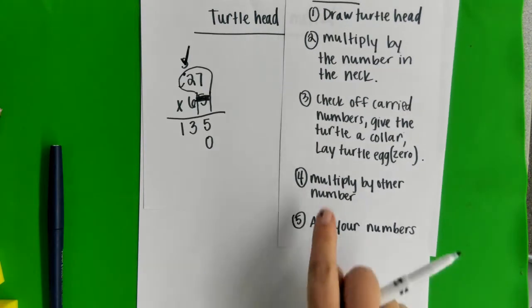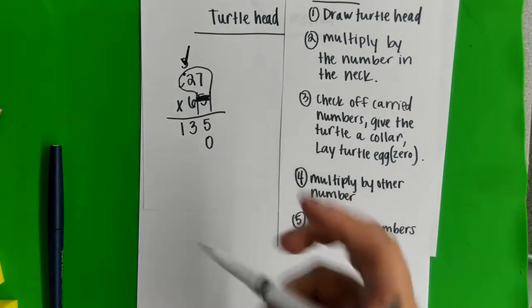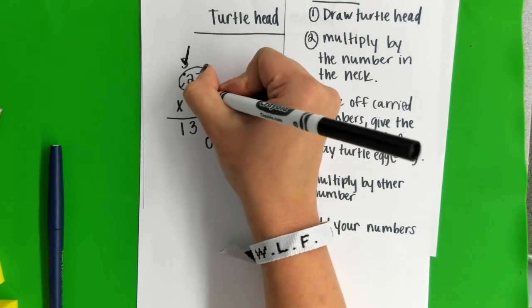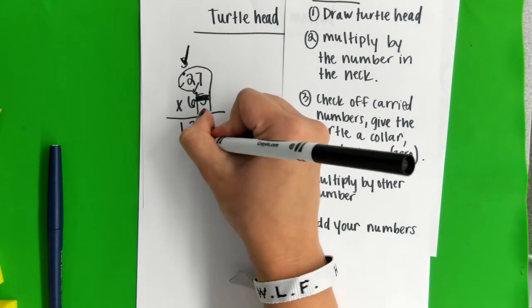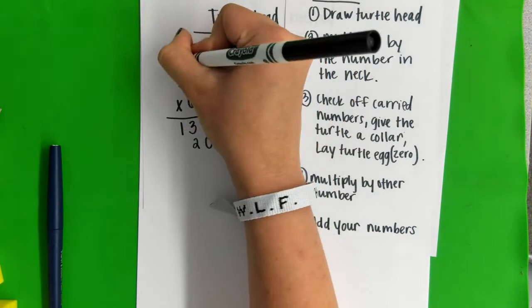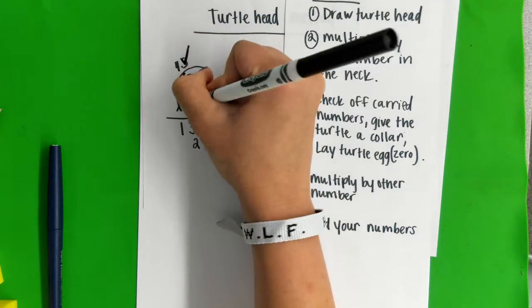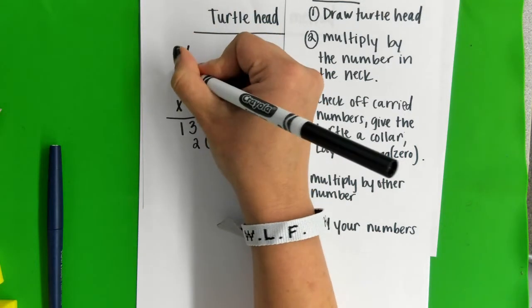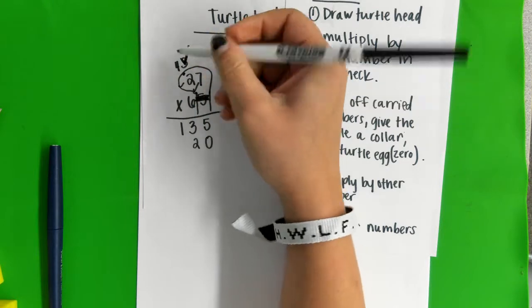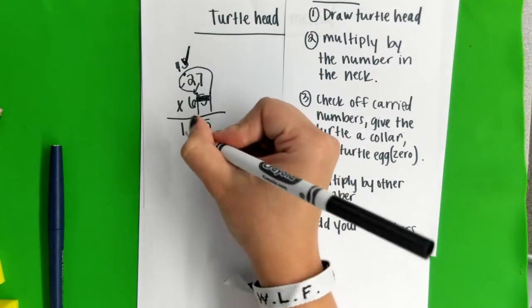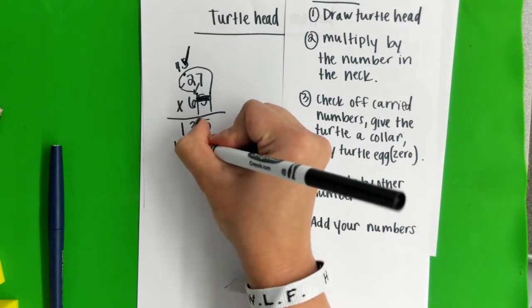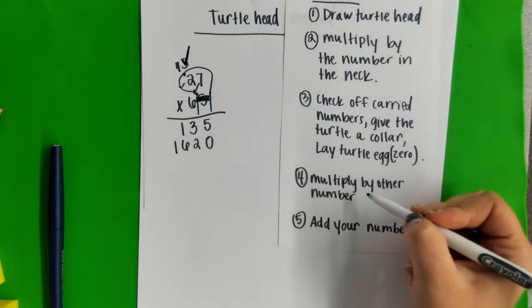Then our fourth step, we multiply by the other number. So 7 times 6 is 42. 2 times 6 is 12, and remember we add this number, so 12 plus 4 is 16. We've multiplied by the other number.